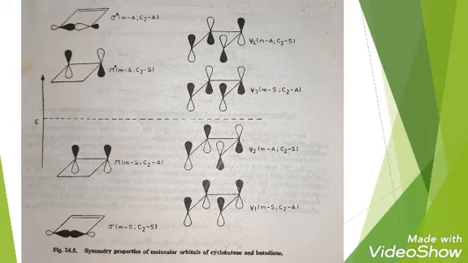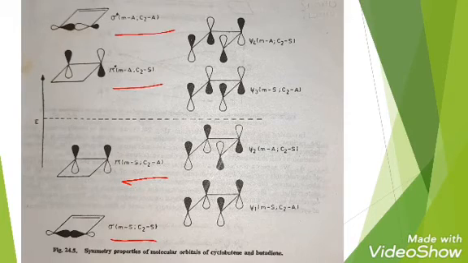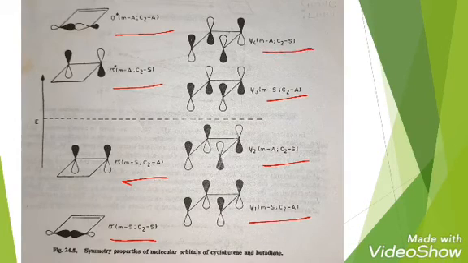So these are the symmetry elements of cyclobutene and butadiene which you should remember. Now write the correlation diagram for this.